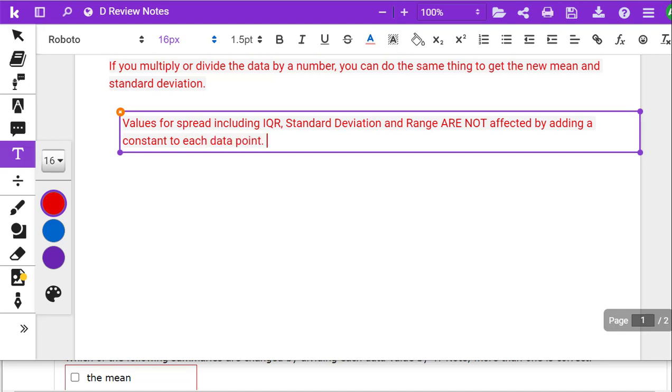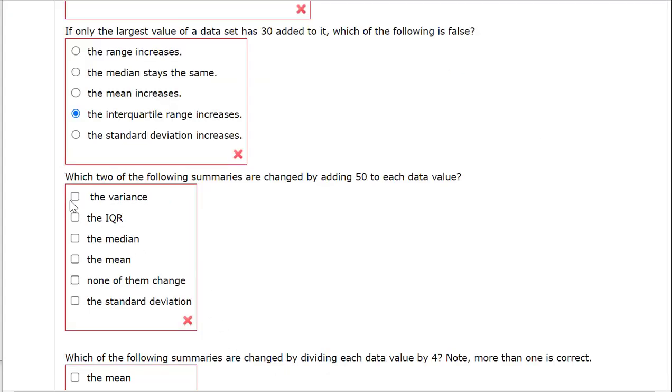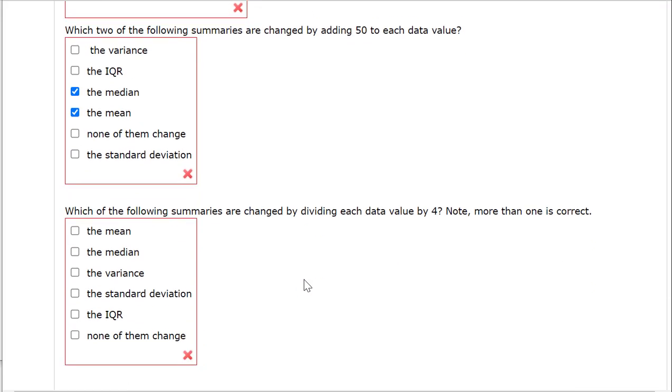All right, not affected at all. So if we go back and actually let me go to the question. So variance, IQR, the median is affected, the mean is affected, but these other three, they are measures of the spread, and so they're not affected.